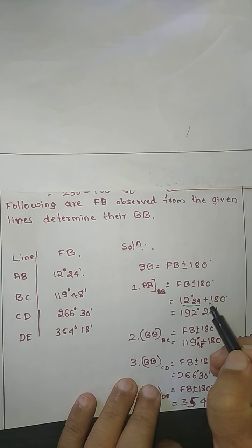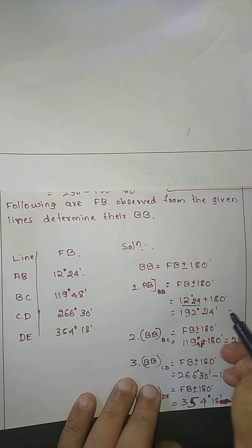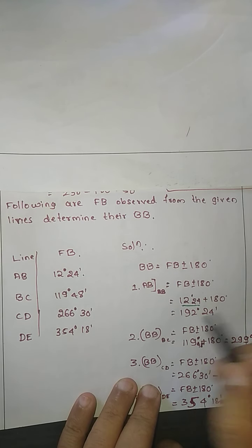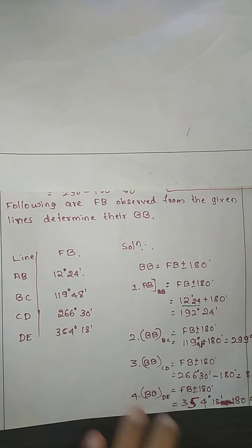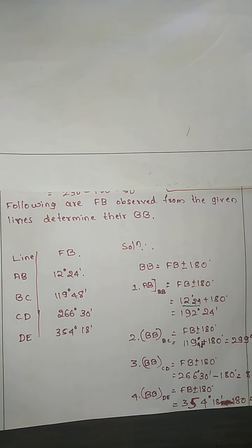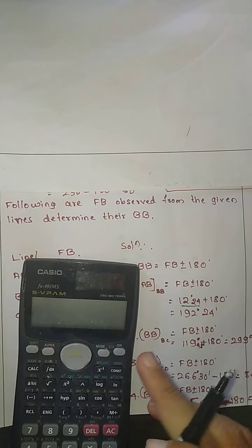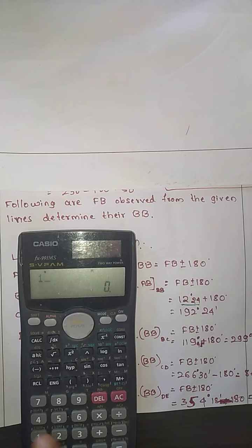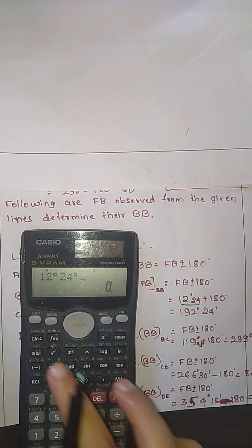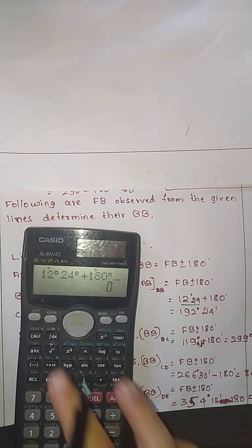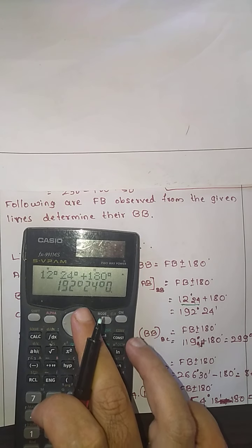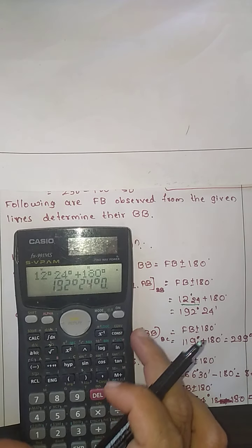Because the fore bearing is less than 180 degrees. So 12 degrees 24 minutes plus 180 degrees gives an answer of 192 degrees 24 minutes.